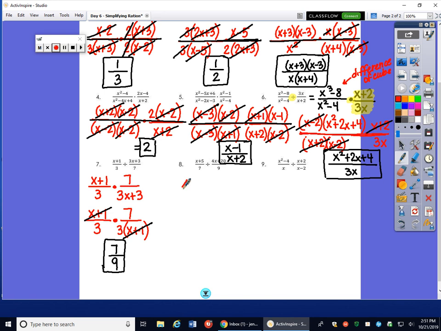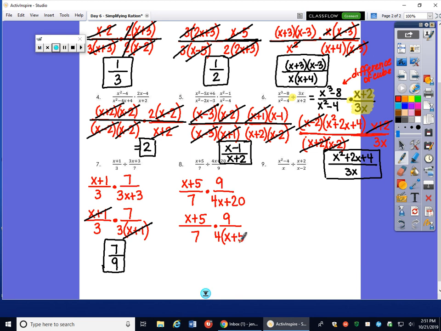On the next one, we have x plus 5 over 7. Leave that one, flip the next one. So that's going to be 9 over 4x plus 20. So now we factor if we can. X plus 5 cannot, 7 cannot, 9 cannot, but 4x plus 20 can. They've got a 4 in common.